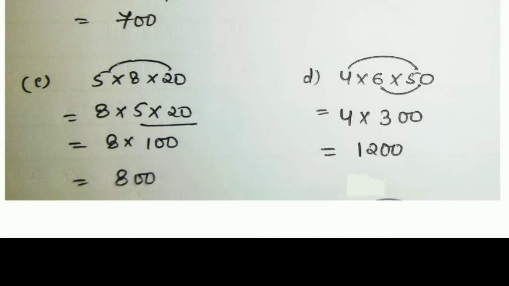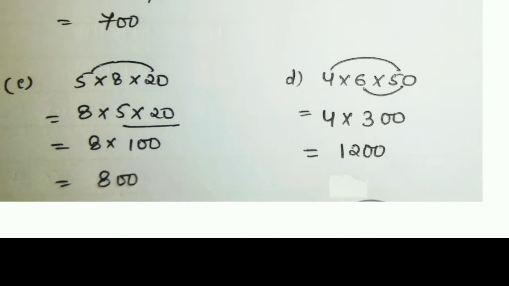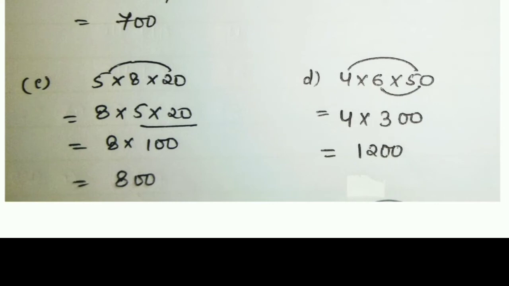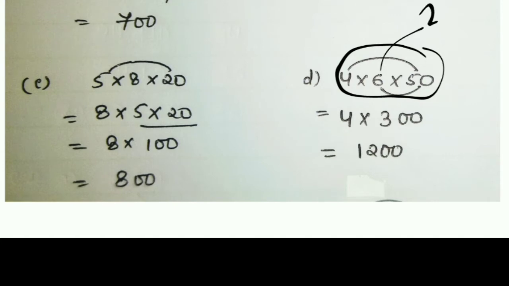So here we can break down this number or simply we can multiply it. 50 into 6 is 300 and 3 4s are 12. It means 1200. This number you can break down, 3 into 2, 6. So it is easy to multiply 50 into 2, 100. Clear?